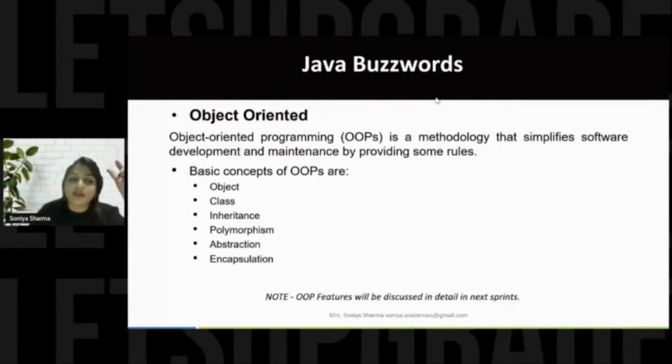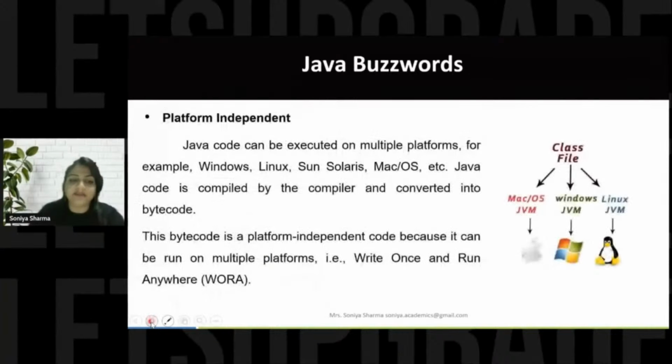Object oriented. All the object oriented languages have these features: object, class, inheritance, polymorphism, abstraction and encapsulation. We will discuss these features in detail, and we will see practical demonstrations of each of these concepts in the upcoming sessions.